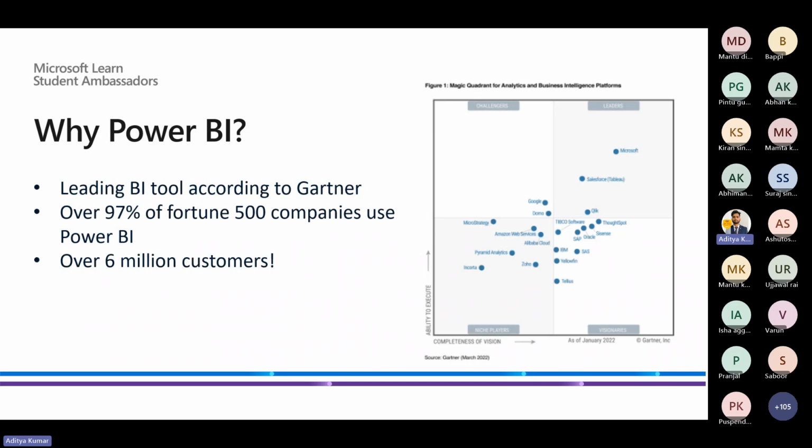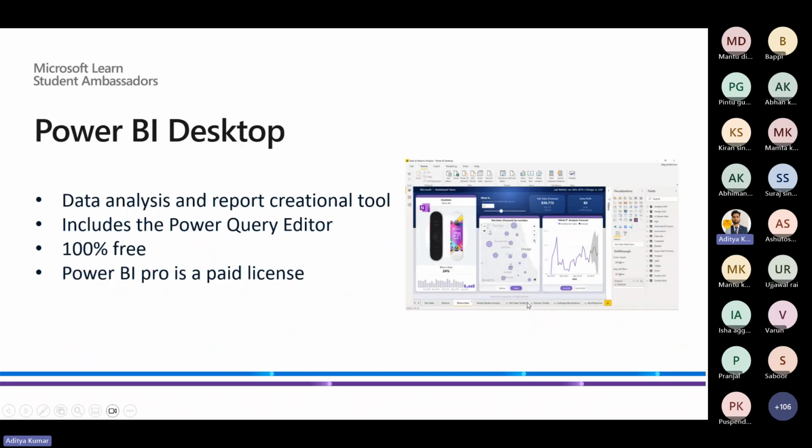You can see 97% of the Fortune 500 companies use Power BI, so you can know why Power BI is so helpful for them, and it has over 6 million customers sold. Here you can see the companies which are using Power BI, like Salesforce, Tableau is also here, and Google and all use that. So let's move further.